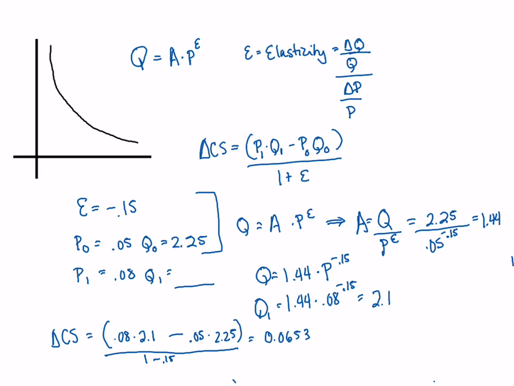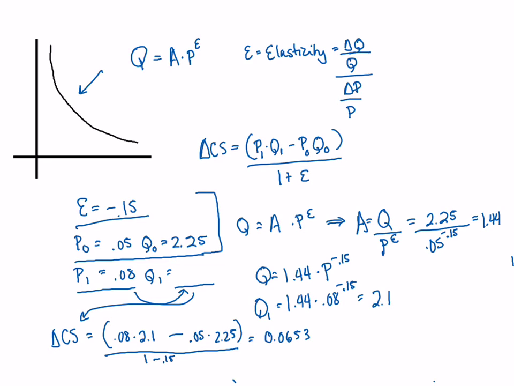So if we have, once again, a constant elasticity of demand curve, and we know the elasticity, and we know a particular starting point in terms of price and quantity, and we can estimate the price change, then from that we can derive the quantity change as well as the change in consumer surplus.